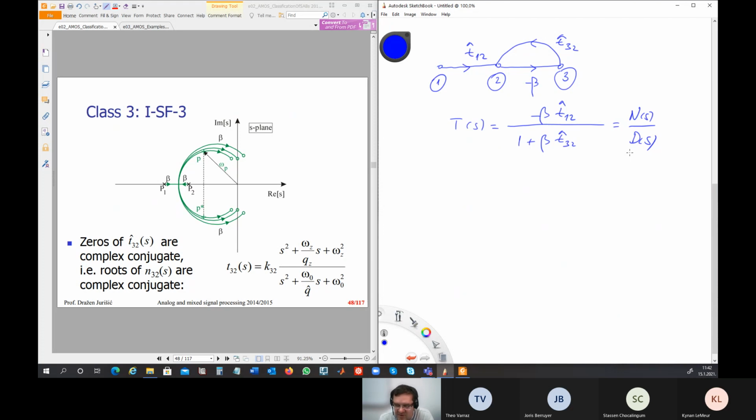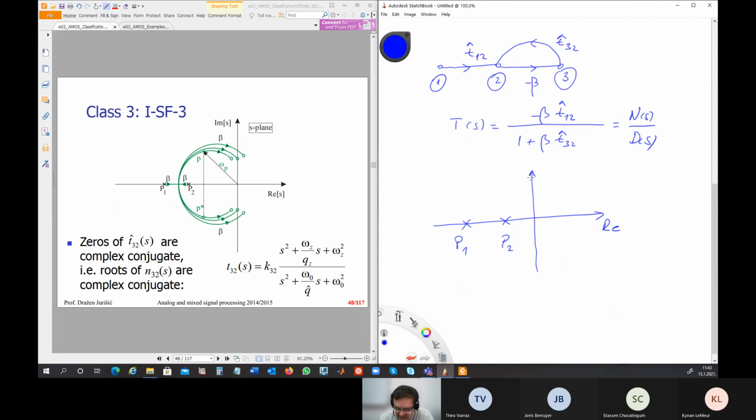So we saw in the first two cases that T32 was once low pass, another time high pass, but what is now in this case? In this case, we will see the following situation. One of the key points says that root loci on the negative real axis are left of the odd order of the characteristic point.